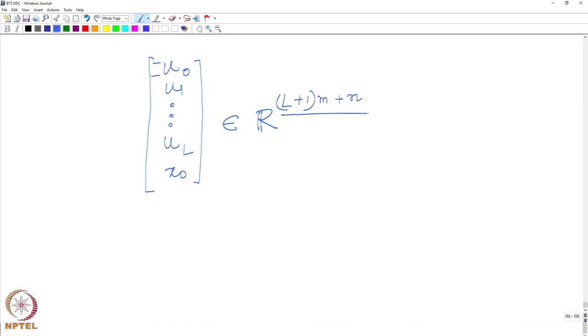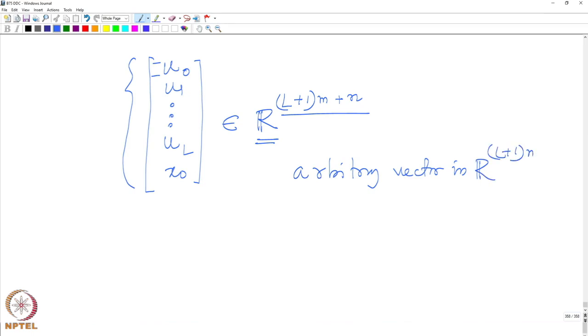So by choosing an input and an arbitrary initial condition, this can be chosen to be an arbitrary vector in R to the (L plus 1) times m plus n. Because it is an input and a state initial condition, this is indeed u restricted to 0 to L, and x_0.